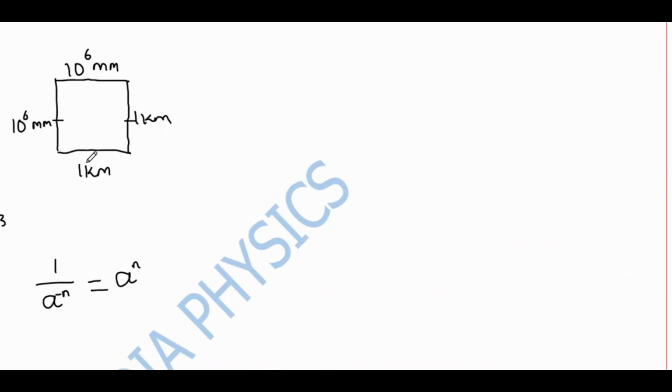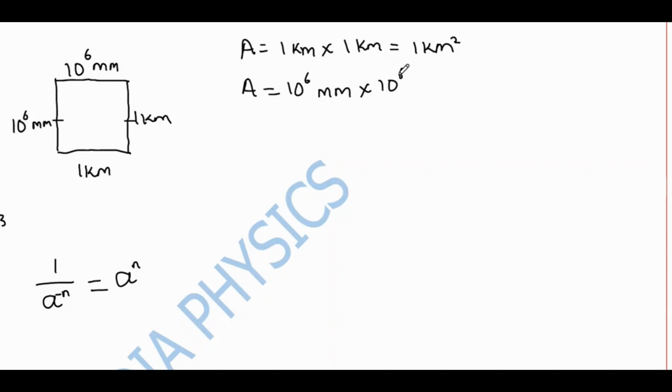Now let's find the area of this square. The area is 1 kilometer multiplied by 1 kilometer, length times width, or length squared, which gives 1 square kilometer. The same square has an area of 10 power 6 millimeters multiplied by 10 power 6 millimeters. 10 raised to power 6 millimeters is equivalent to 1 kilometer.